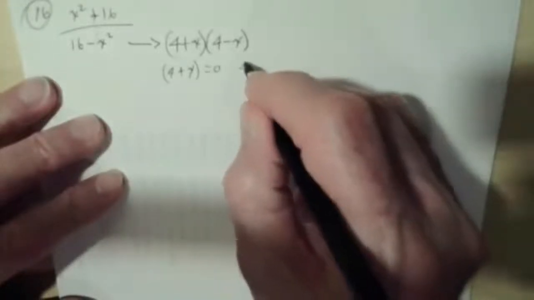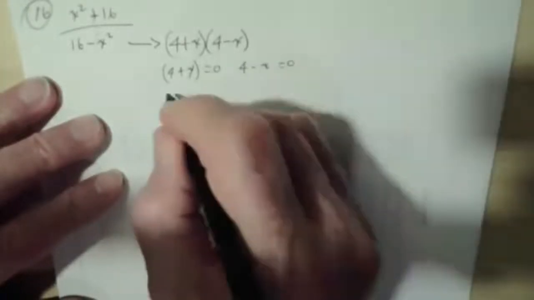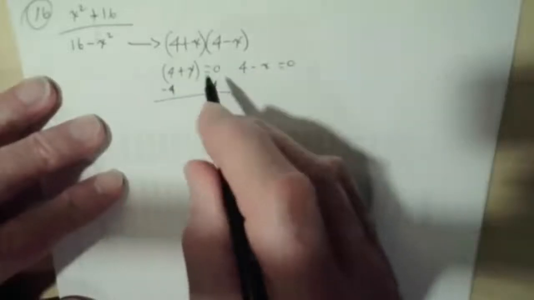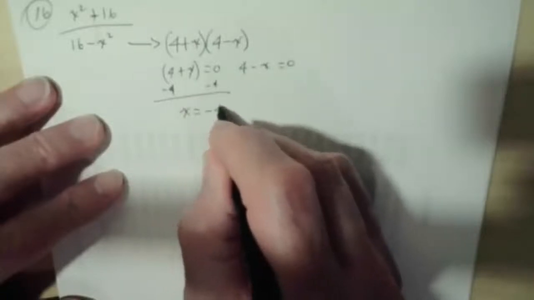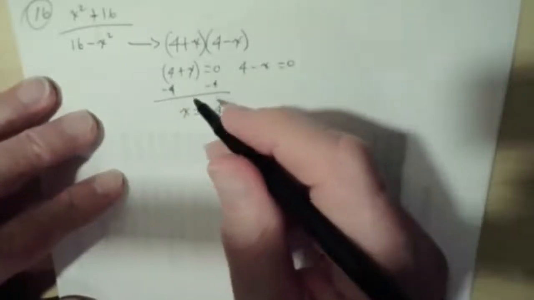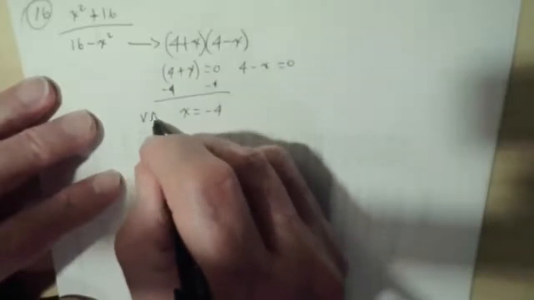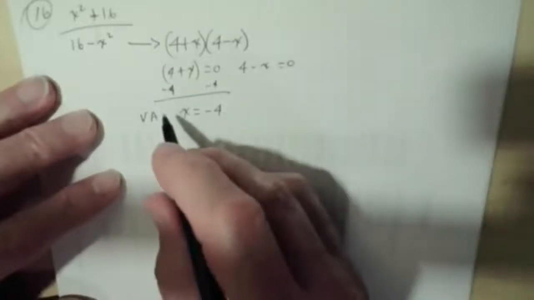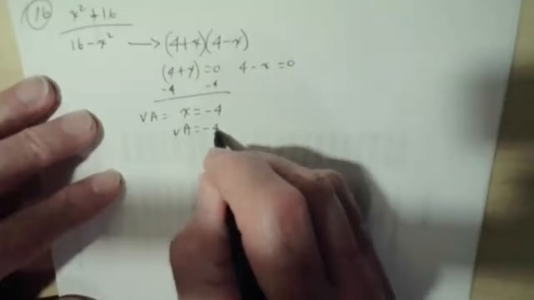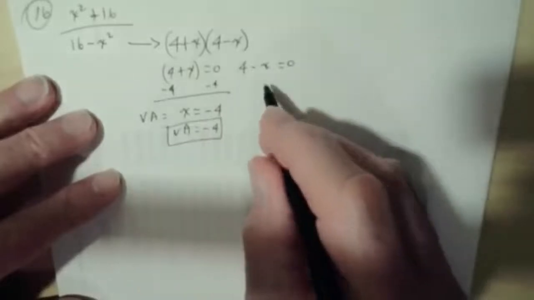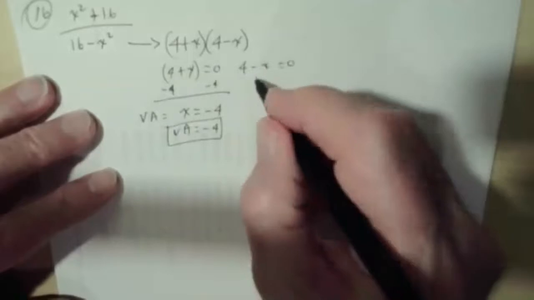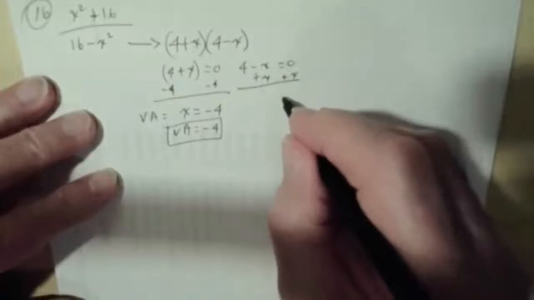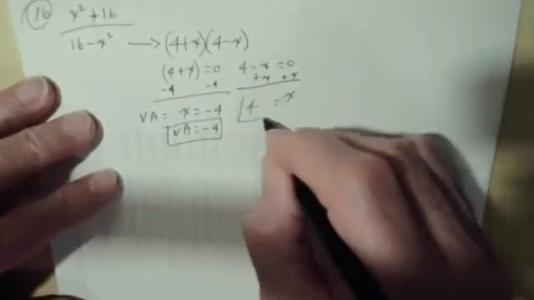Subtract 4 from each side, and we get x equals negative 4. That is one of the vertical asymptotes. For the other, the easiest thing to do is just add x to each side, so we don't have to do any more steps than necessary. So x is 4, and the vertical asymptote is 4.